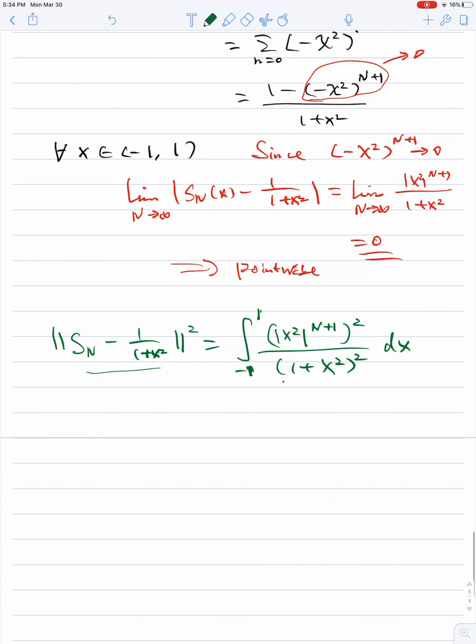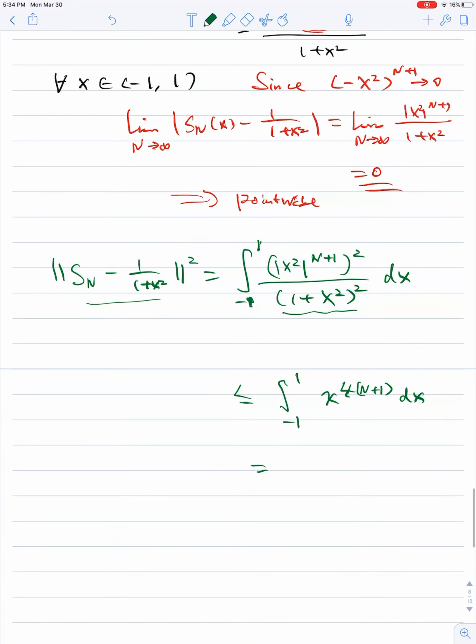Now this denominator is always greater than 1, so this term is always less than the integral from -1 to 1 of x^(4n+4) dx, and then you integrate this. This would be 2 over (4n + 5).